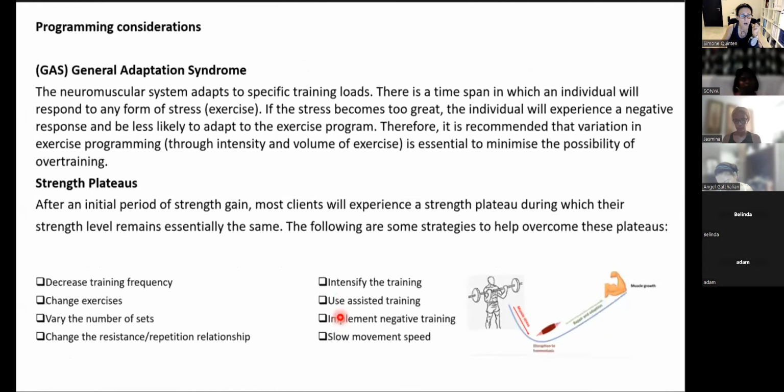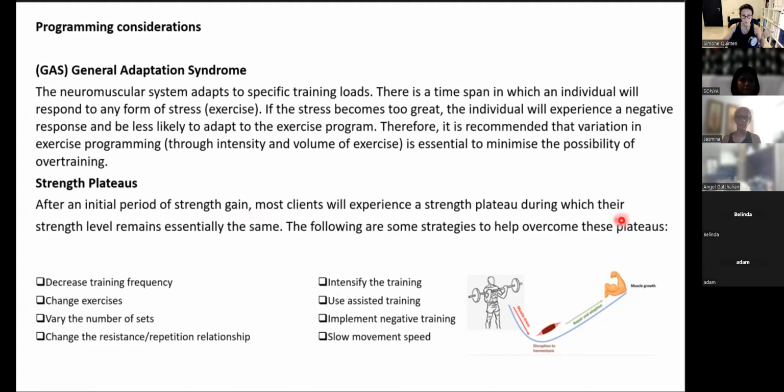Okay, all right, so let's talk about the other one. We talked about the DOMS, and this one is now the GAS, general adaptation syndrome, which is the neuromuscular system adapting to a specific load.